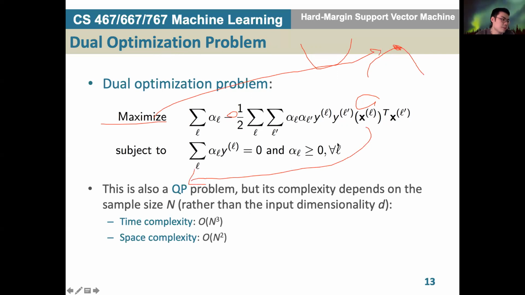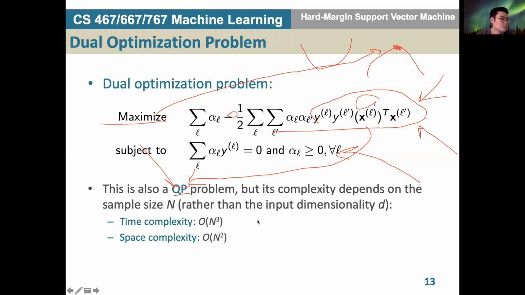But if this term is not positive semi-definite, it's not a convex problem, and you cannot use it. First, it's a quadratic target function, and this is the linear constraint. But this target function is convex, so now you can solve it. You can find a QP solver to solve it.